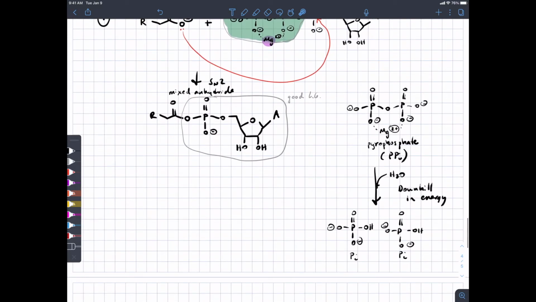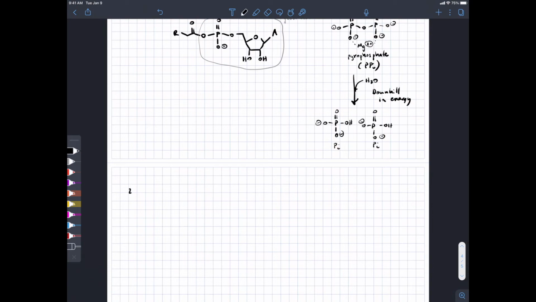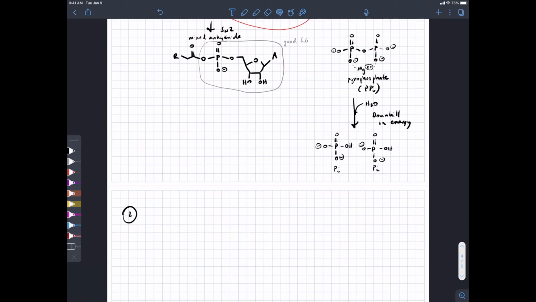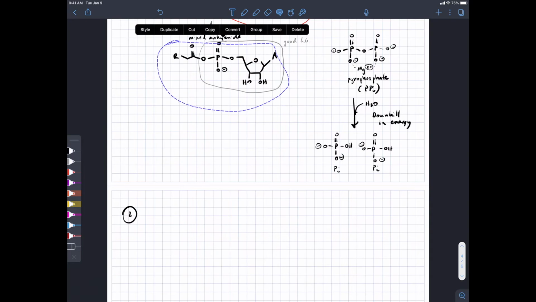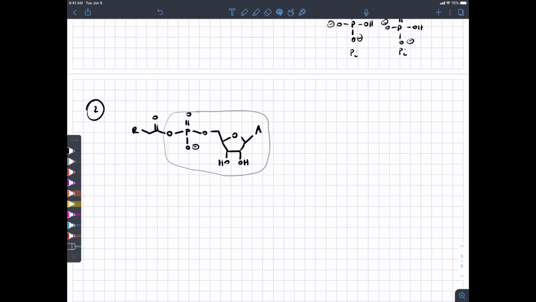So this is your acyl phosphate, and in the next step, we're going to replace that good leaving group with coenzyme A. All right, so I'm going to copy this acyl phosphate, and I'm going to highlight in green the good leaving group, which is going to leave as AMP.